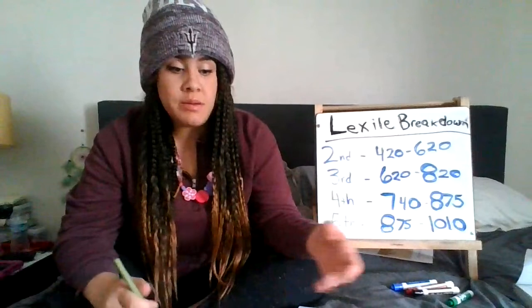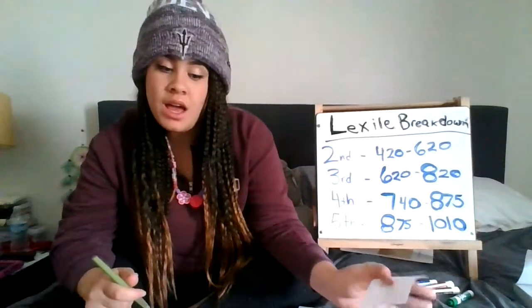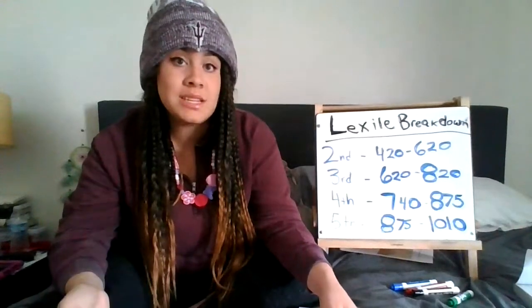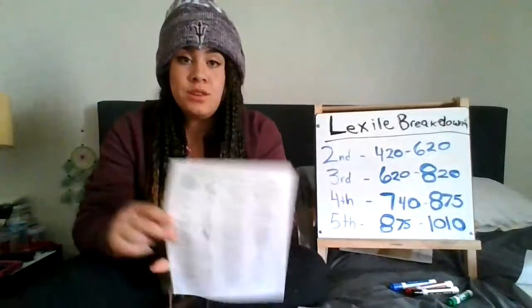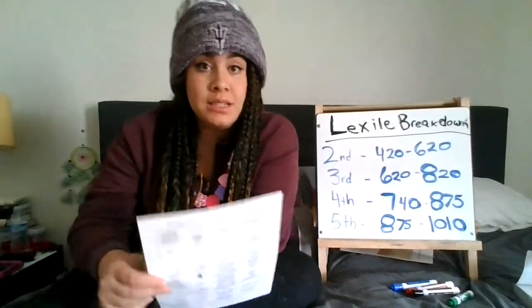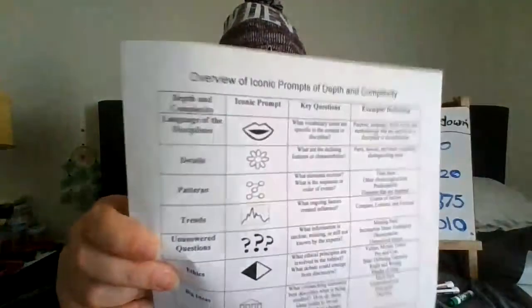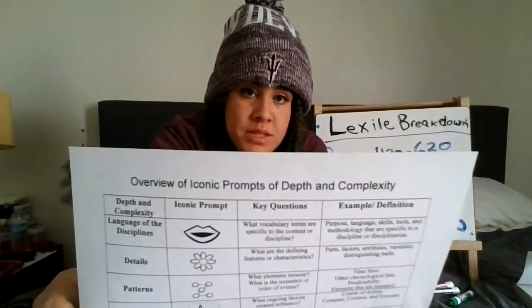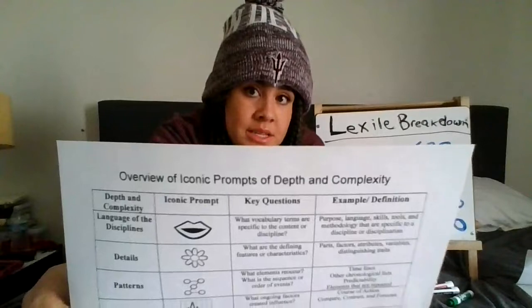So basically, I'm going to be introducing a new concept that I started using this year called the depth and complexity icons. These are used in the gifted classrooms at my school and for students that are in GATE. They look like this. You'll see at the top it says overview of iconic prompts of depth and complexity.